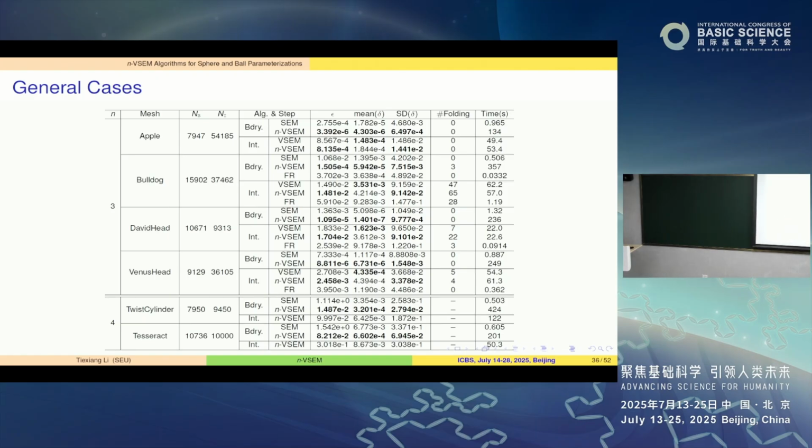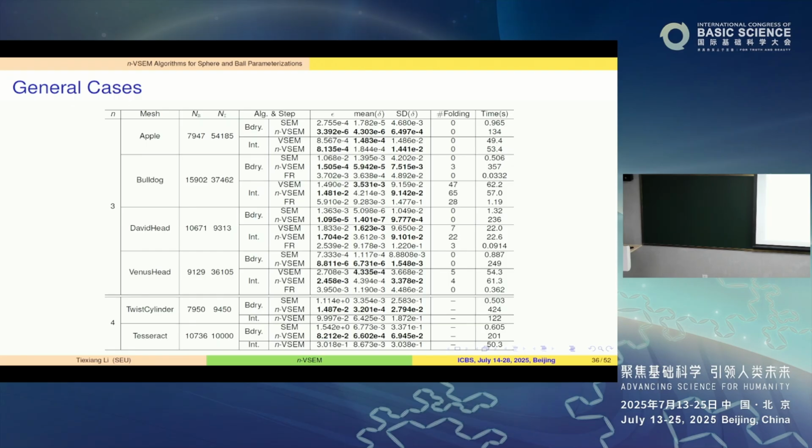When we do the numerical cases, we can find that, for example in this case, we have three n-simplexes folding, and we use a post process to fix this. This is the folding removal post process, and we use it one time, so all the folding disappears.